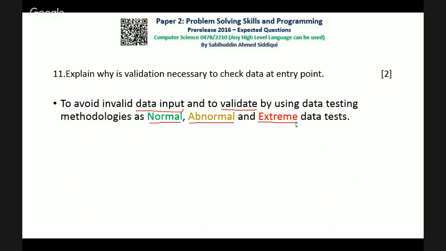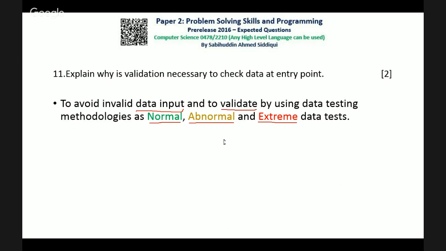If 100 is the extreme of the range, you are giving 101. So these types of data should not be accepted. To avoid invalid data entry, we need to use validation checks at the entry point. So the answer is to avoid invalid data input and to validate by using data testing methodologies such as normal, abnormal and extreme data set tests.